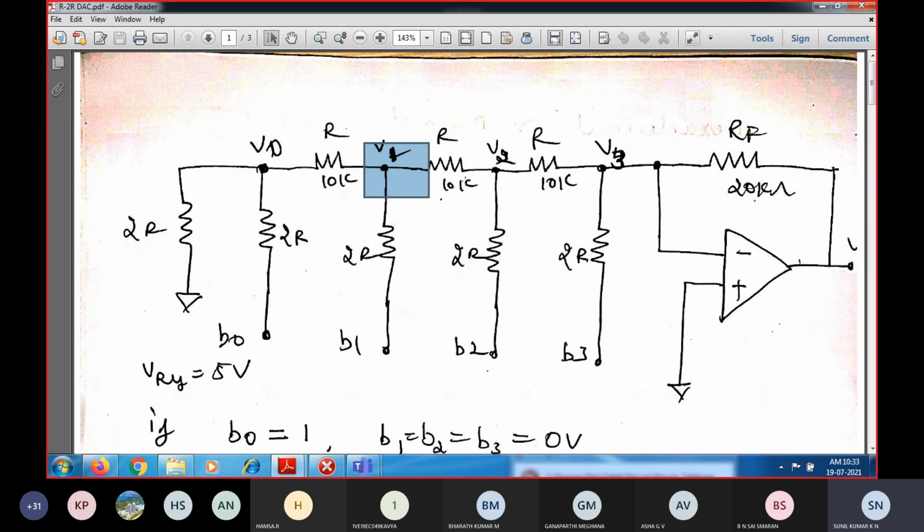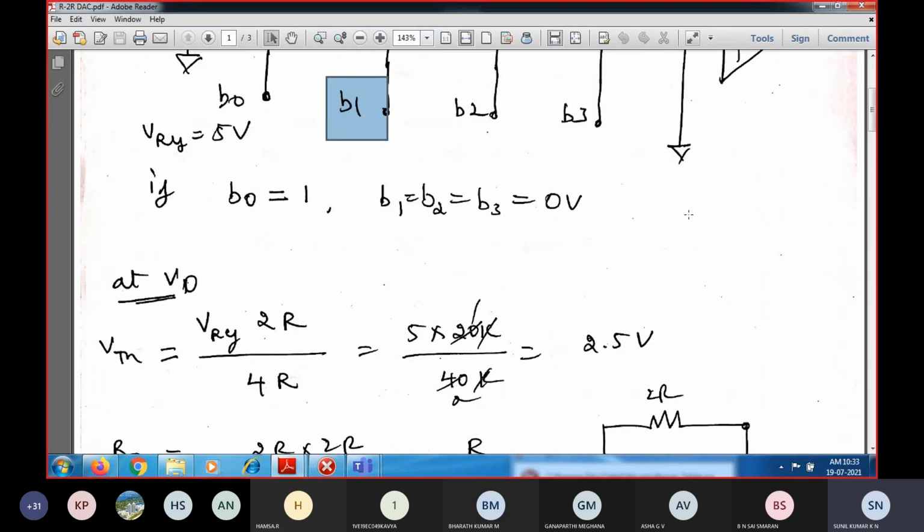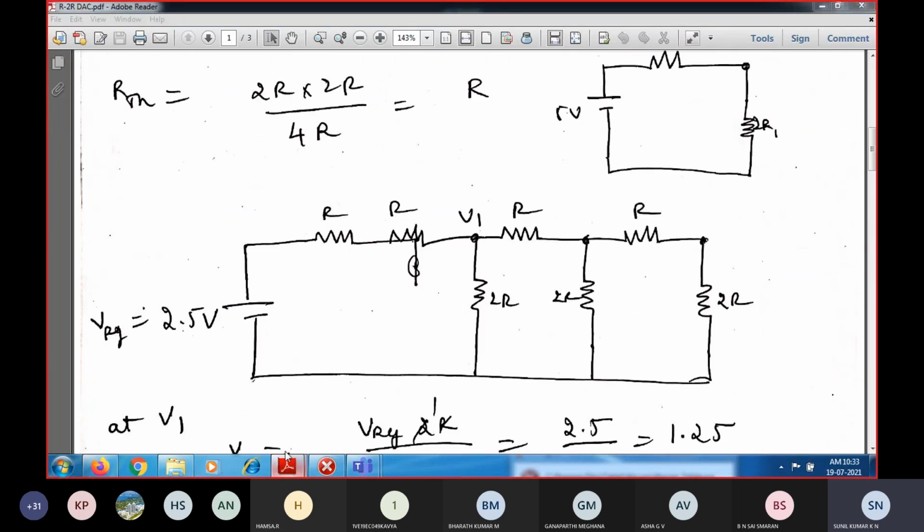Similarly, we can find out the bit position and the node position for only when bit position B1 is there, so you'll be getting all the reference voltage. When coming to this terminal, the current will keep on reducing, and you will be getting the corresponding equivalent output voltage determined by this.